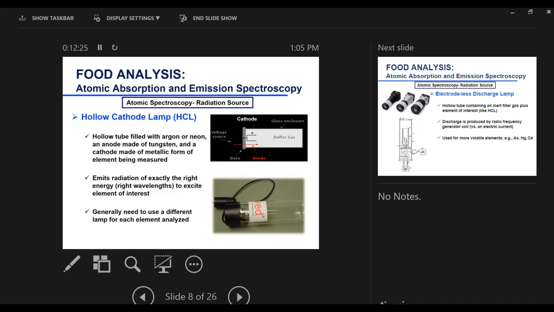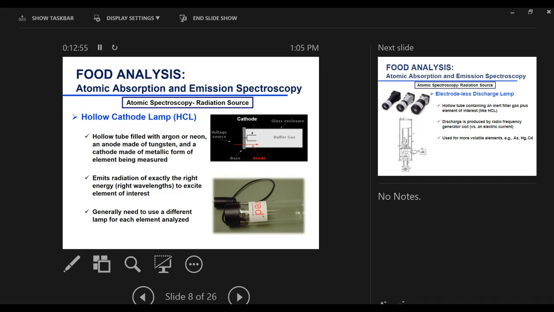And then the cathode is made up of the mineral metal that you are interested in measuring. So if you're measuring iron, the cathode will be made up of the metal form of that iron. And if you're measuring calcium, that cathode will be made up of the metallic form of calcium.